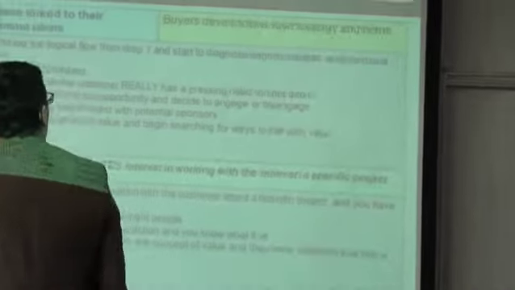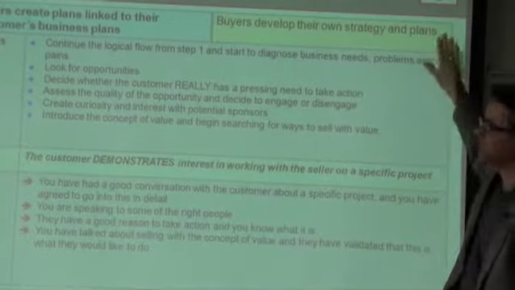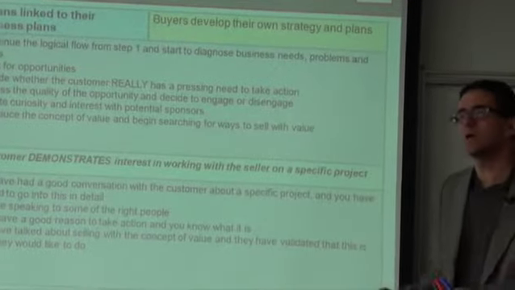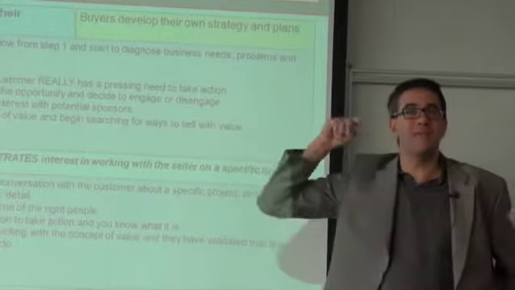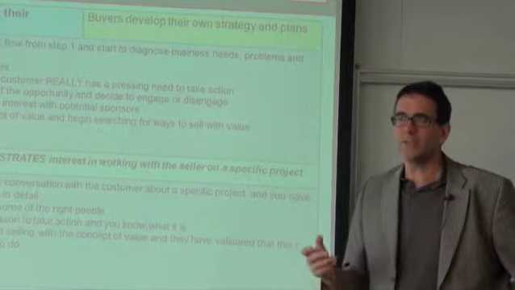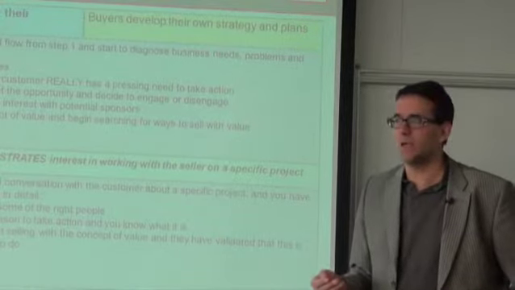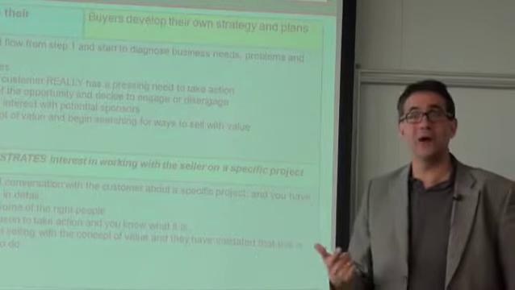Okay. The buyers are developing their own strategy and plans. So if you remember from step one, the buyers are evaluating their business environment. So they're going through a process of saying, how much money do we have? How much money do we owe?